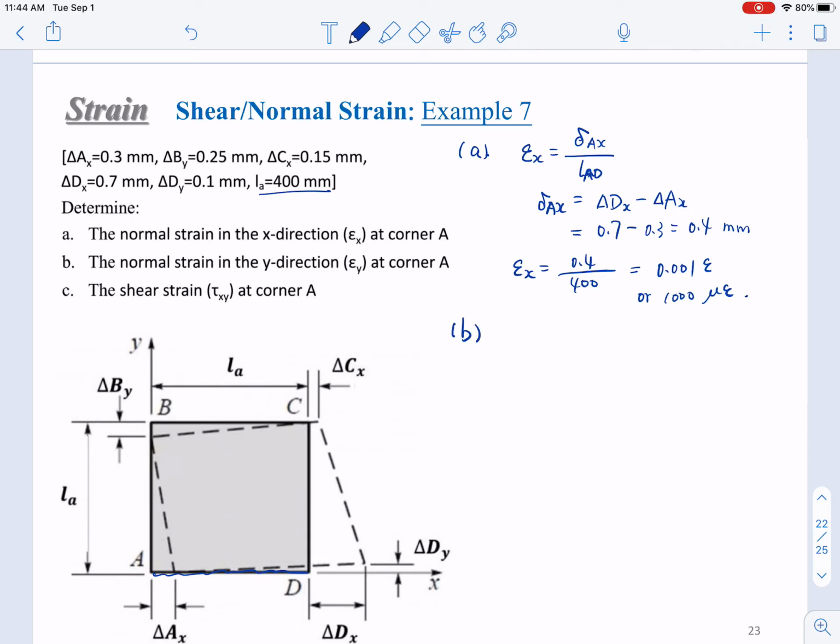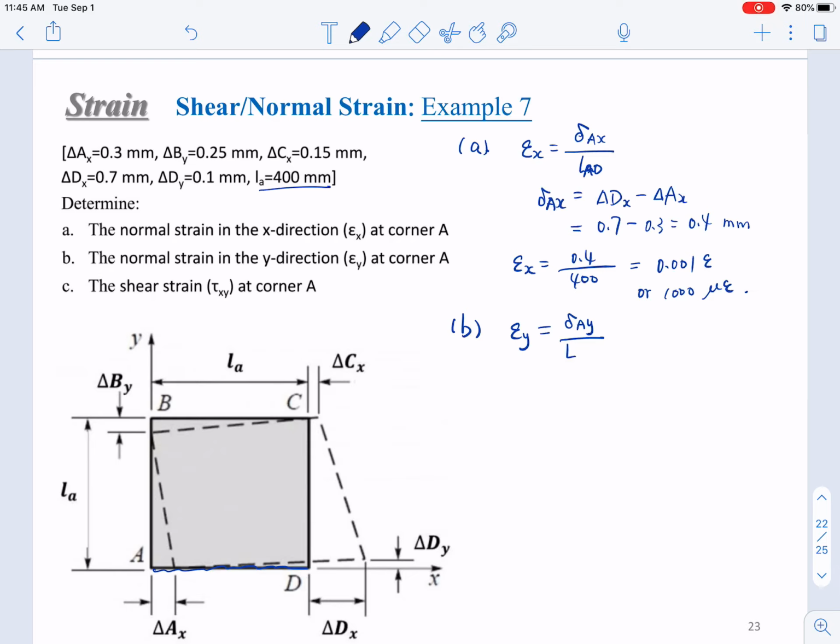Then step B, the normal strain in Y direction at point A. Again, we're not using A prime B prime minus AB to find the deformation. We're just looking for the deformation along Y direction. So this would be epsilon Y, the deformation at point A along Y direction over LAB. This is also LA. So we just need to find delta AY. What is delta AY in this case?